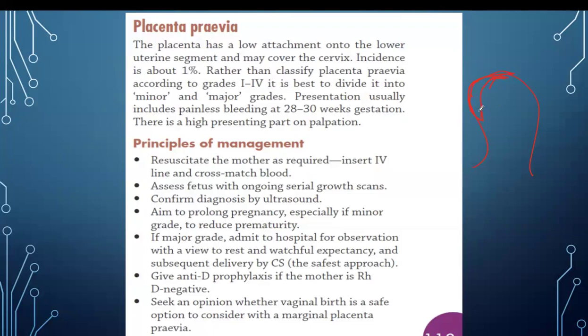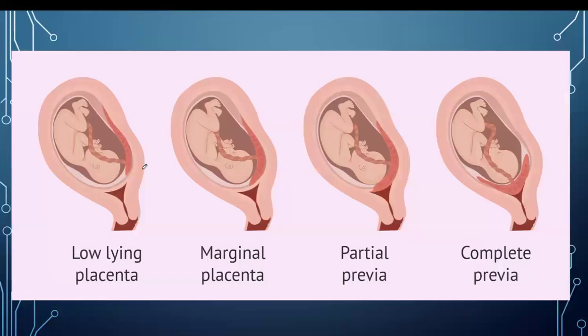That is the more normal location. But sometimes this placenta can come closer to the maternal pelvis or internal os. Like if you see in this picture, you can see that it is coming closer to the os.